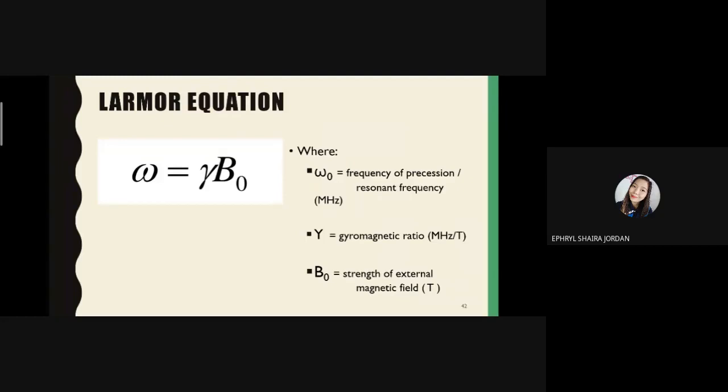This is a constant value and has a unit. The gyromagnetic ratio has a constant value for each element or each type of proton. And this has a unit of megahertz per Tesla. The B0 is the strength of the external magnetic field and has a unit of Tesla.